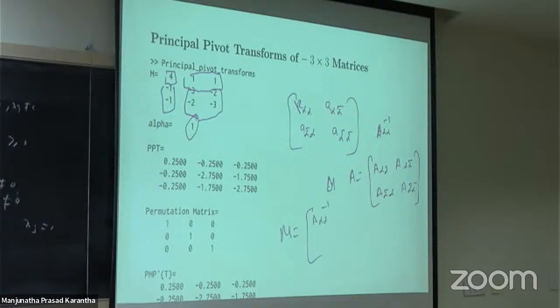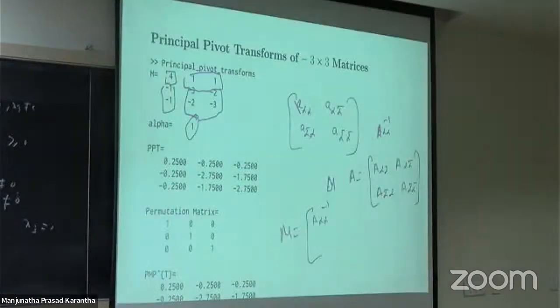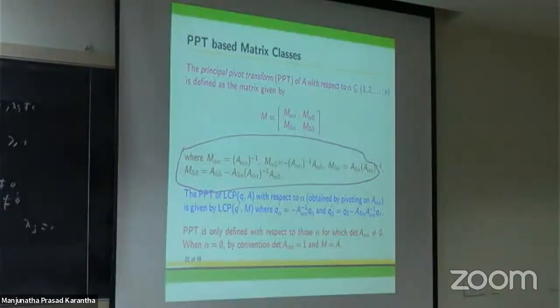And then M alpha alpha 1 is minus A alpha alpha inverse A alpha alpha. Then this will be A alpha 1 alpha A alpha alpha inverse.